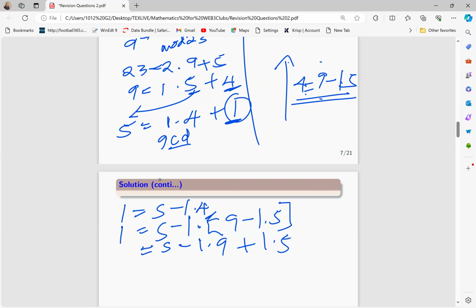So let me think. I think now we are supposed to collect like terms. So 1 is 5 minus 1 minus 4.